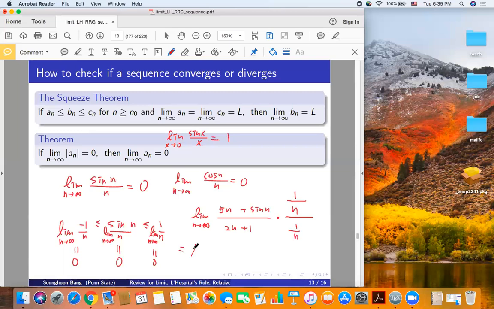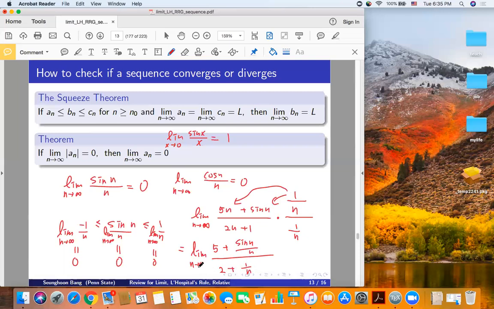So what happens? The limit as n approaches infinity. You can distribute 1 over n to the first and second terms. The n is crossed out: 5 plus sine of n over n, over, distributing 1 over n to the bottom, 2 plus 1 over n.